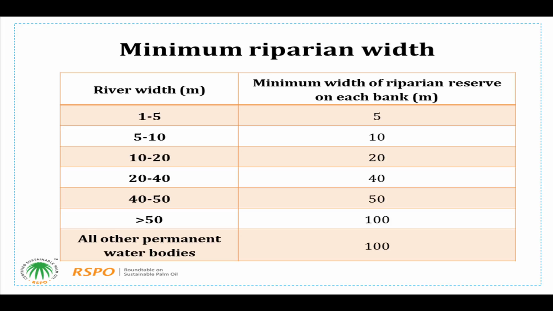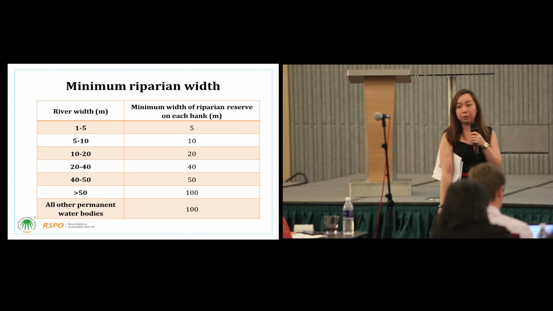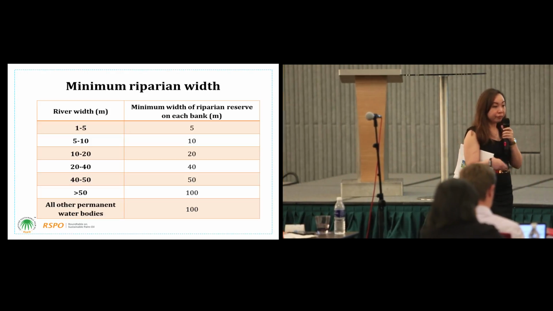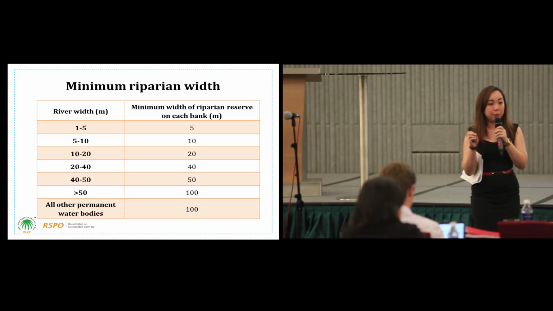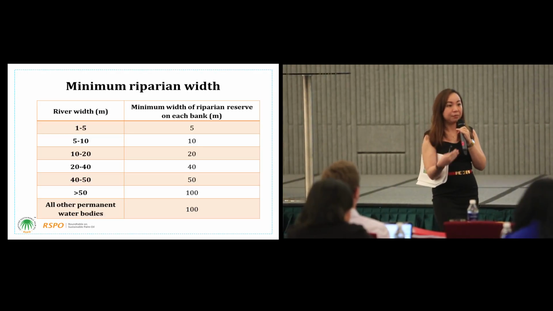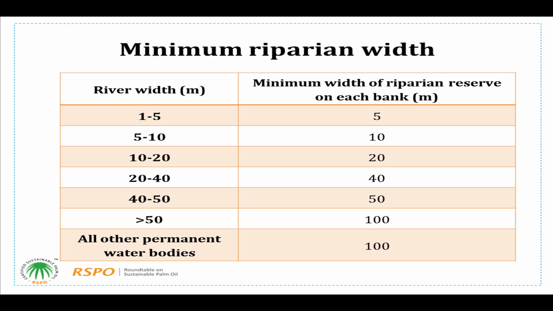When it comes to the minimum riparian width, this guidance is also found in our RSPO P&C. If you look at the RSPO P&C standards document at the last section, where the annexes are, this is the recommendation for river width, the minimum width for riparian reserve on each bank.